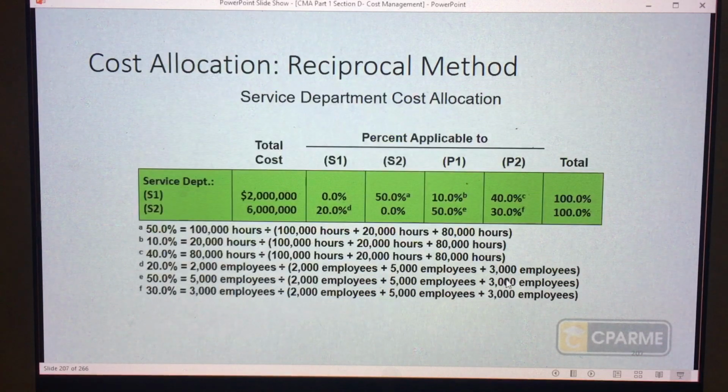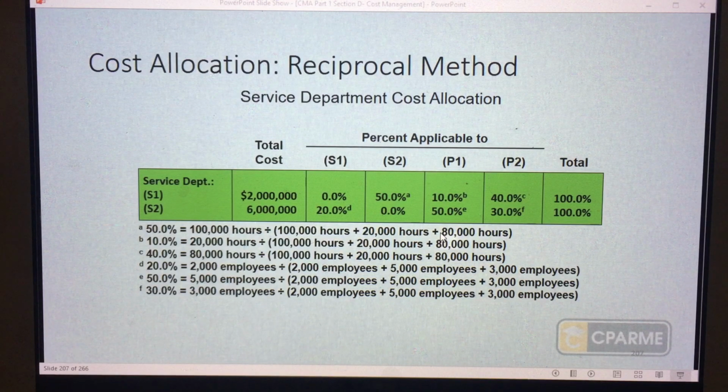And so for cost allocation, again, we look at the percentage of allocation. You have to remember that all of your departments are now getting an allocation, so when we determine the percent to allocate, you must use all the departments' usage in the denominator. If we recall from the previous slide, P1 and P2 use 10% and 40% respectively, and it's 50% and 30% for S2.